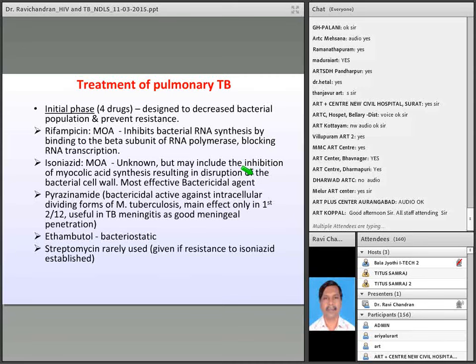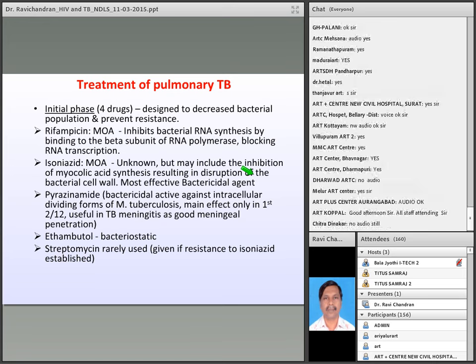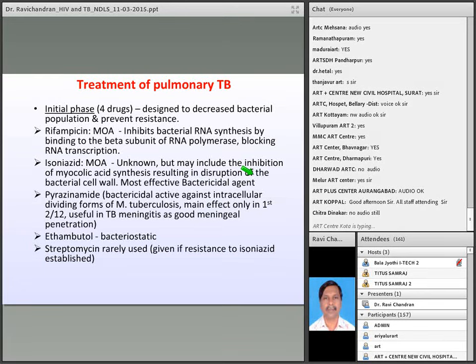It is very much useful in TB meningitis as good meningeal penetration is seen. Ethambutol is a drug which is bacteriostatic, and streptomycin is very rarely used when there is resistance to isoniazid established.